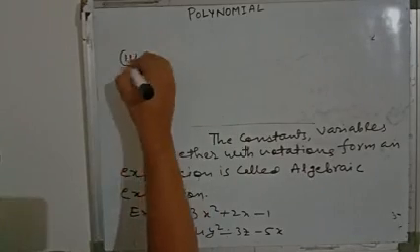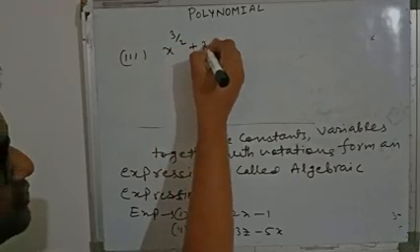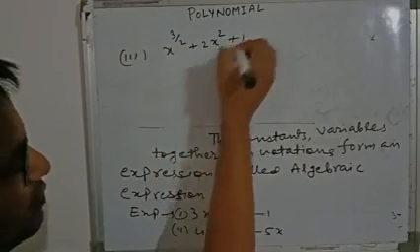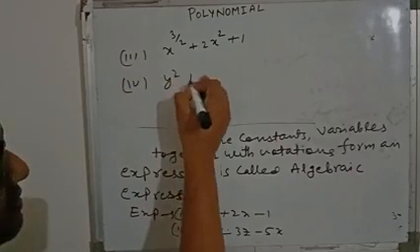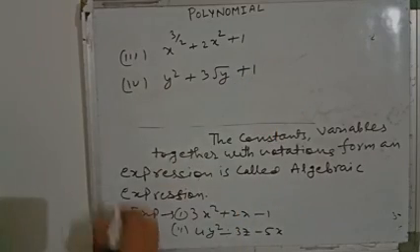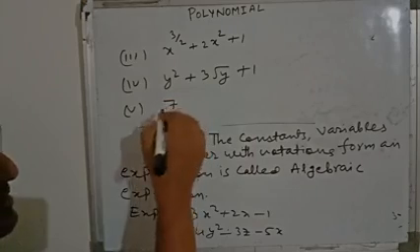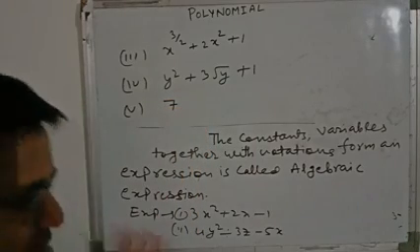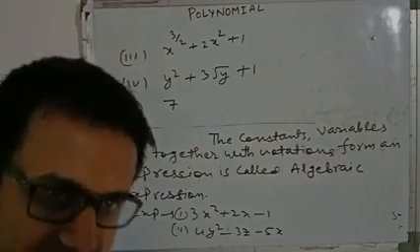Number 3: x power 3 by 2 plus 2x square plus 1. Number 4: y square plus 3 root y plus 1. Even 7, a single term 7 also. So all these are examples of algebraic expressions.